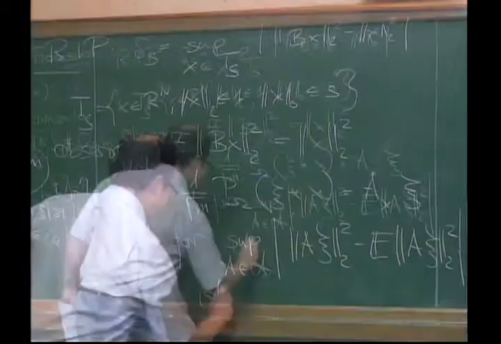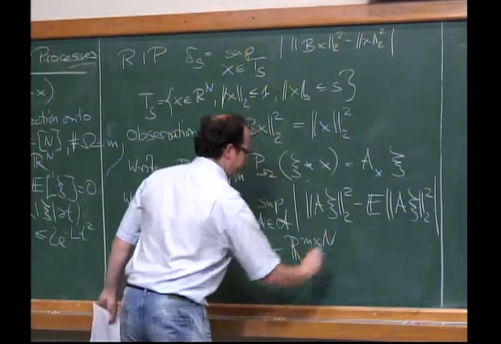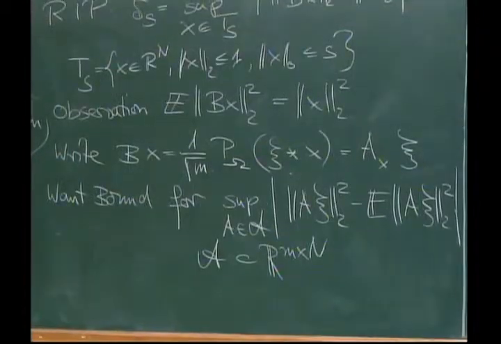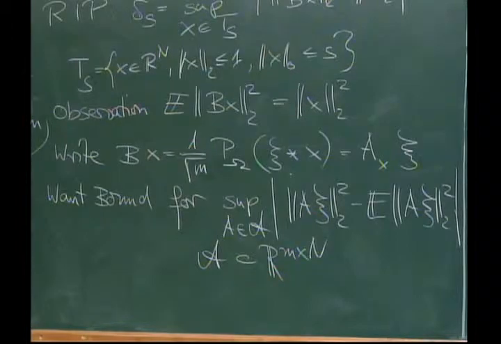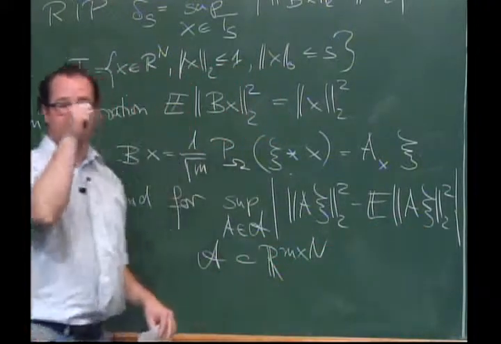The set A is just a subset of the m times n matrices. And we call this thing a chaos process.